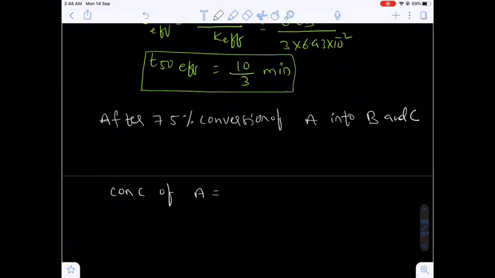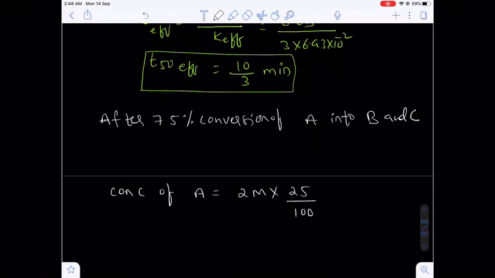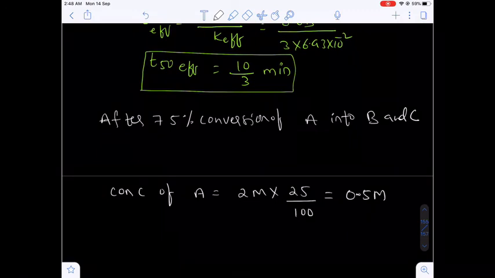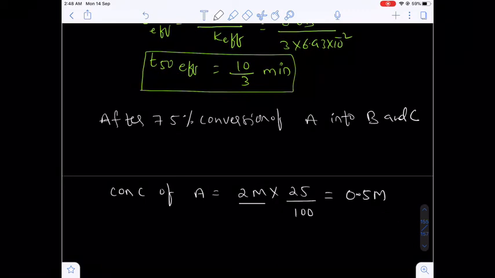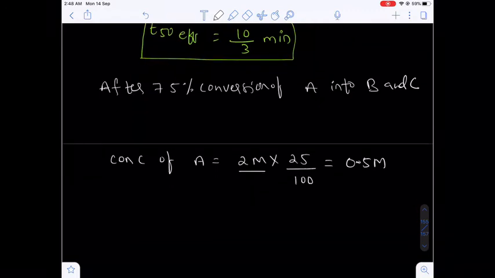The initial concentration of A is 2 molar. Now 75% is completed, and the remaining concentration of A will be 25% of the 2 molar, that will be 0.5 molar. Yes or no? Initially there are 2 molar, out of which 75% is consumed, the remaining percentage of A will be 25%. So 2 molar 25% means 0.5 molar.